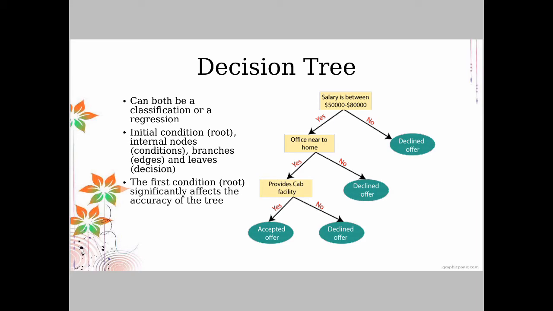Sometimes people also use this to decide whether they should accept an offer or not. If yes, do you have cab facility? Then whether you accept or decline the offer.